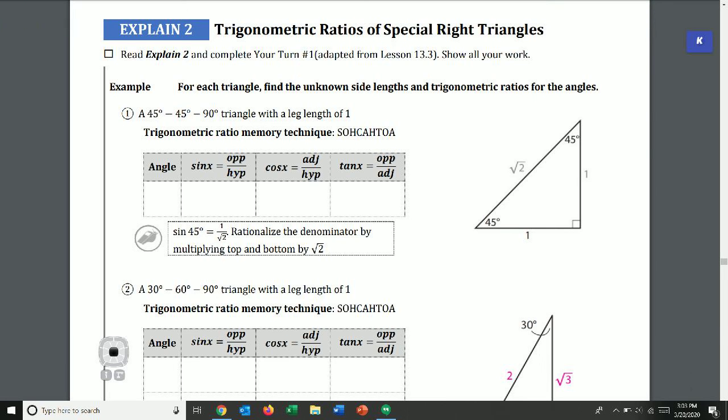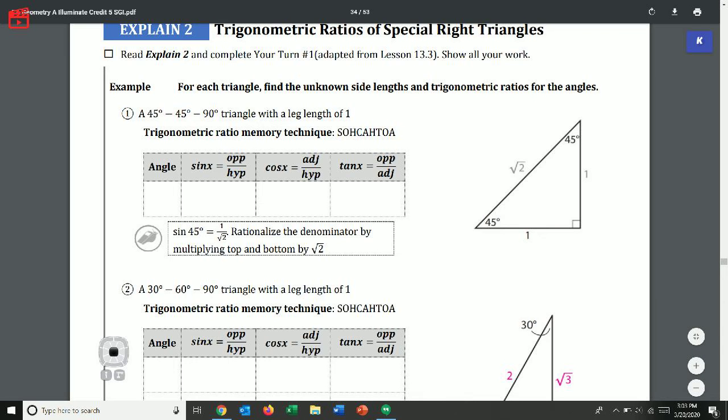So, what we're going to be doing here is we're going to fill out this table. We want to find out the sine ratio, cosine ratio, and tangent ratio of a 45-degree angle in a 45-45-90 right triangle.